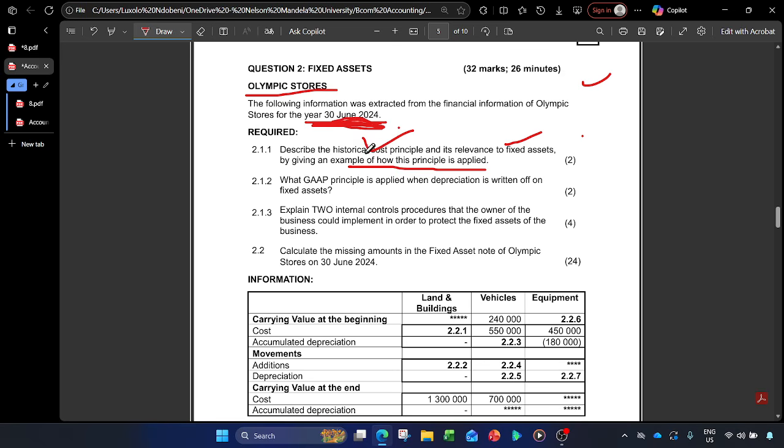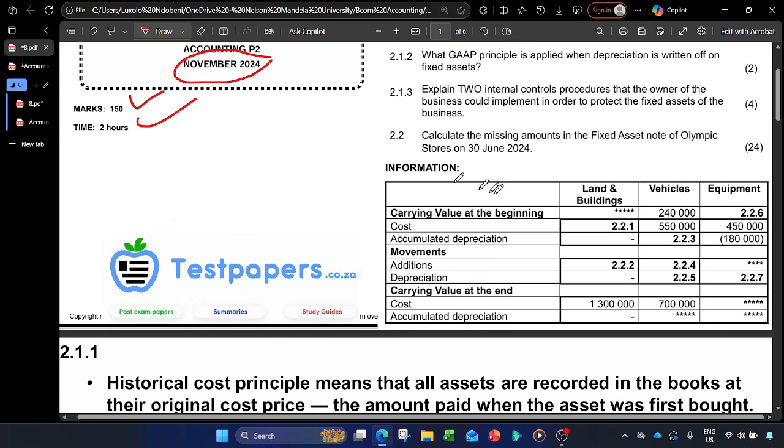So in this case, they asked us about the historical cost. And there are 2 questions here: to explain what is historical cost, and also why or how it is relevant to fixed assets, right? So historical cost says that if an asset is bought, it must be recorded at its original cost, right?